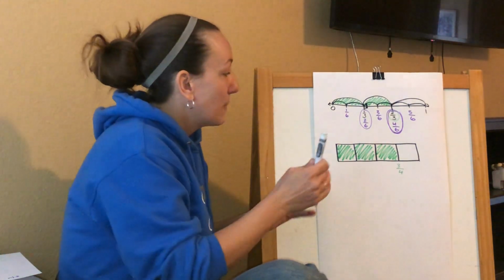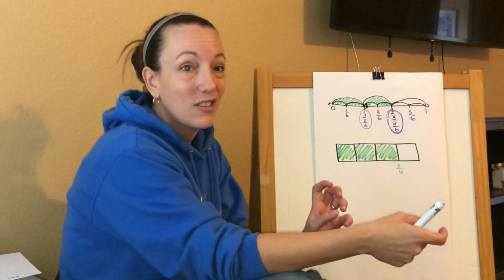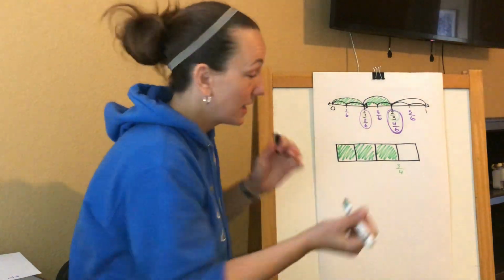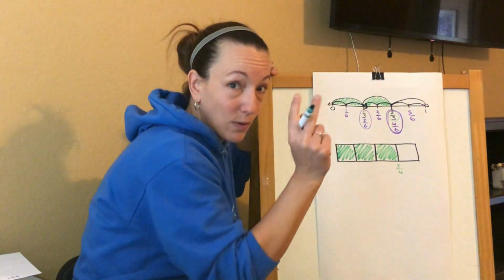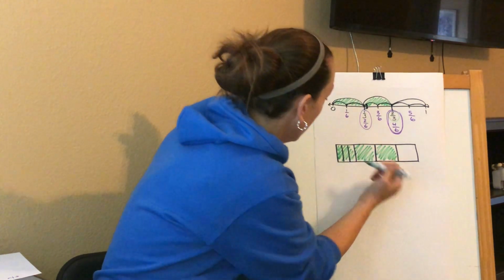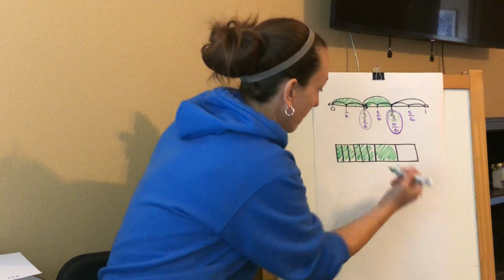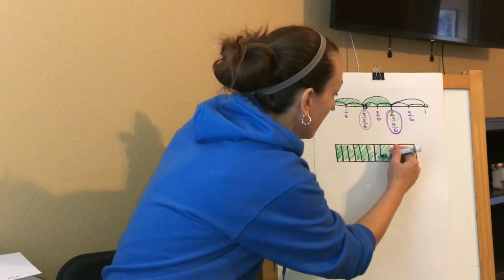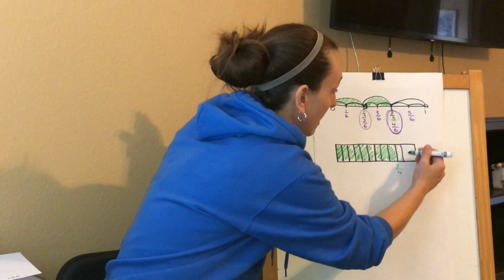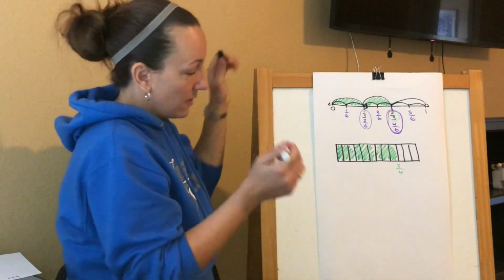So instead of just cutting each piece in half like I did on the number line, I'm going to cut each piece into 3 smaller pieces, but I need to try to make sure they're equal. So remember, 2 lines will make 3 pieces. So like that, I make 3 pieces in that section, 3 pieces in that section, and 3 pieces in that last section.